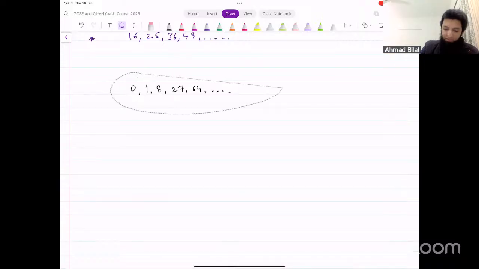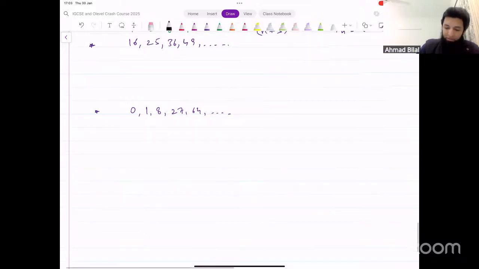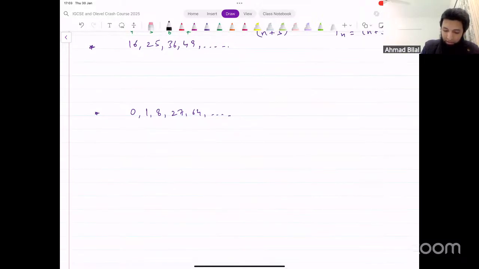This is the sequence. We need to write down the nth term formula of the sequence. Now, these are all cube numbers. What you do is you write down n here, the position of each term. This is the first term, this is the second term, this is the third term, this is the fourth term, fifth term, and so on.